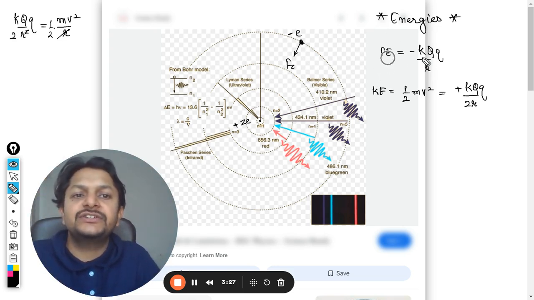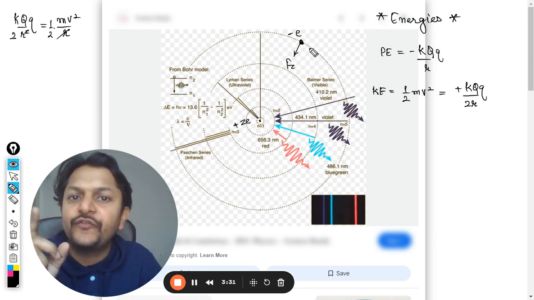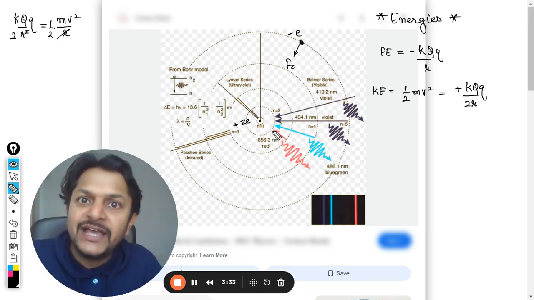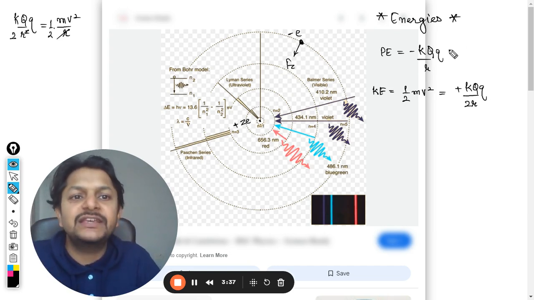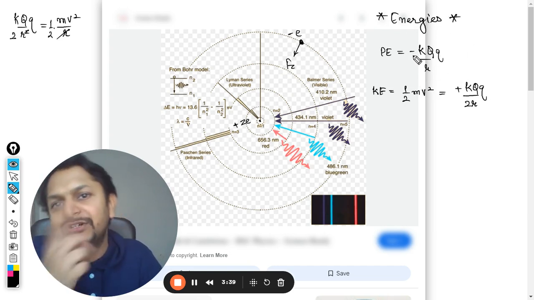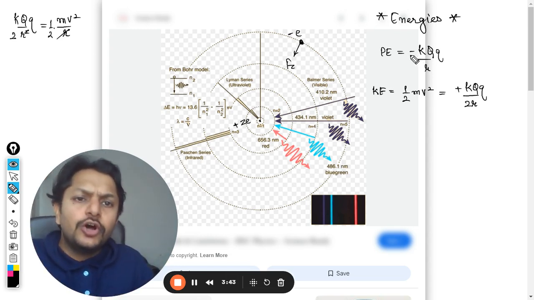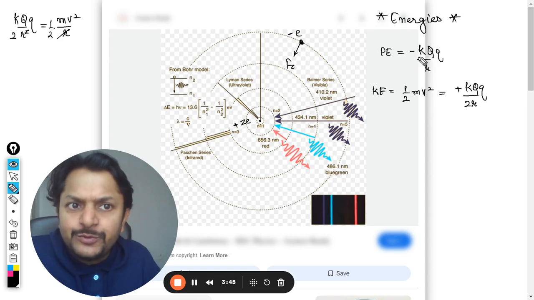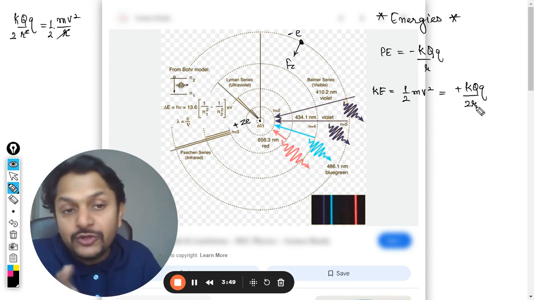Here there is an attractive force between the two, because one charge is negative and the other is positive. So potential energy is negative, given by KQq by r, and kinetic energy is positive, KQq by 2r.